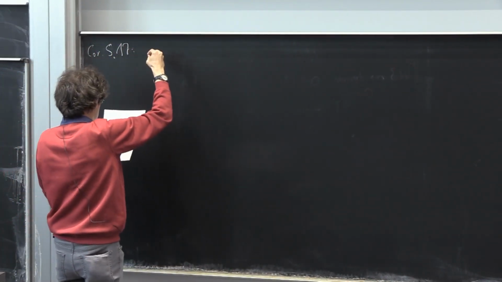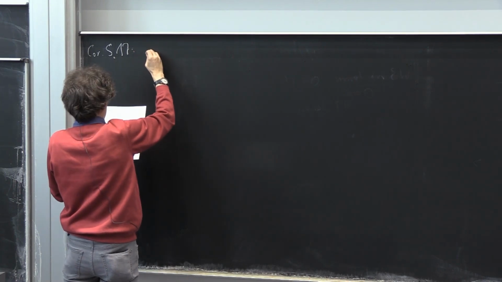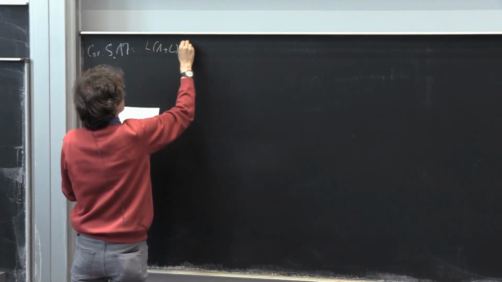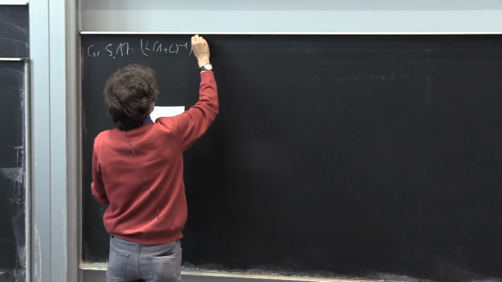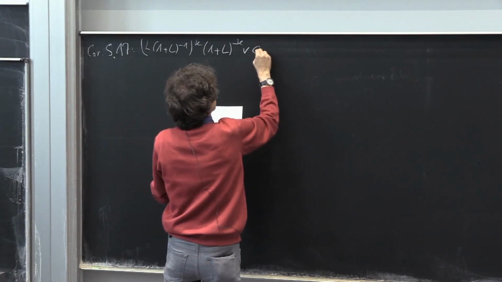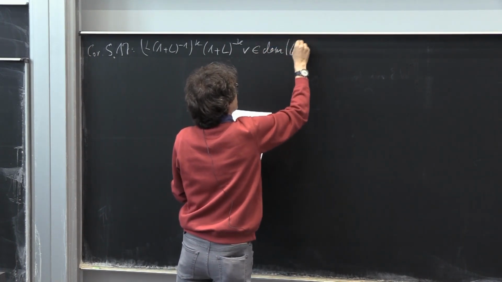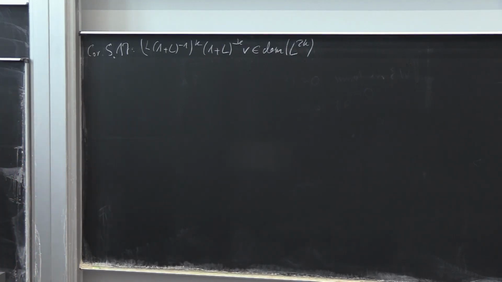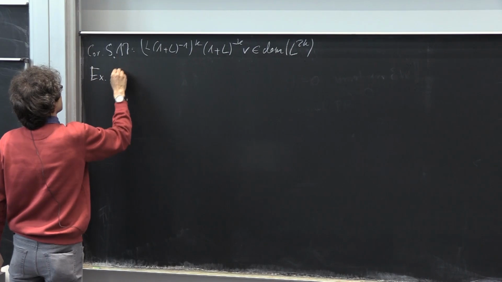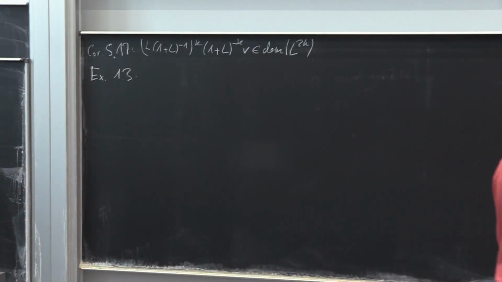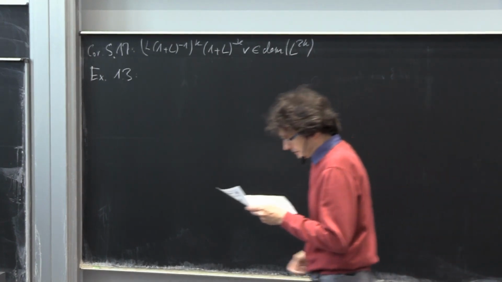That tells us that this whole element, so L times (1 plus L) to the minus 1 to the k, (1 plus L) to the minus k applied to V, all this thing is in the domain of L to the 2k. And now we have to go a really long way back to Exercise 1.3, so into the very first lecture.